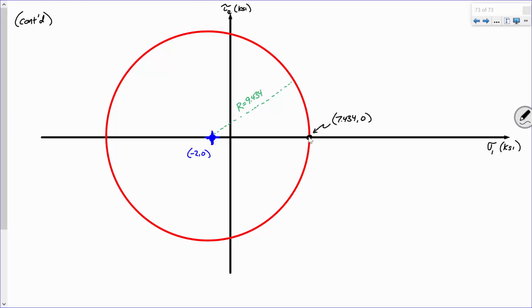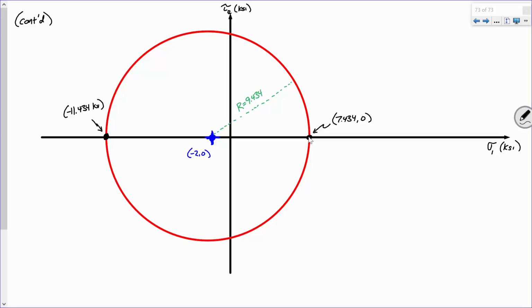Is everybody okay with that? Now, help me out with this. What then would the coordinates of that point be? Make sense? Is everybody okay with that?